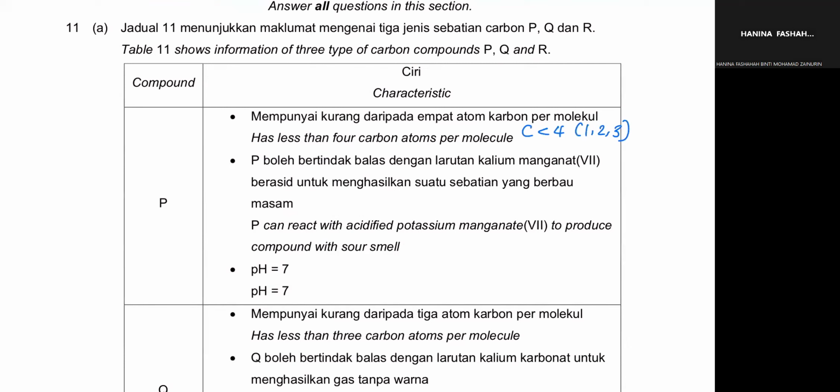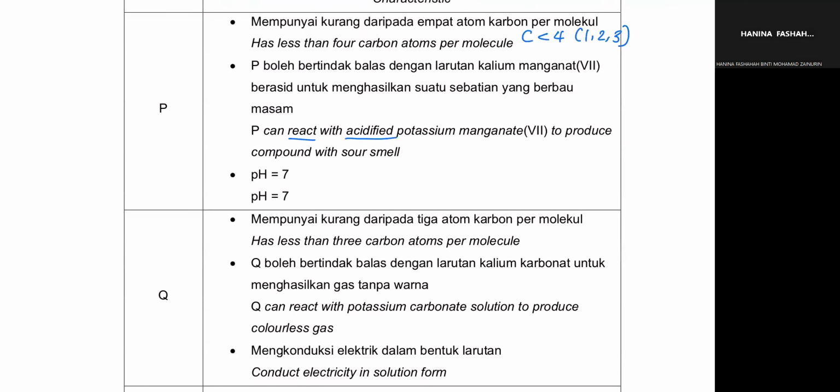Then P can react with acidified potassium manganate(VII), or sometimes they give acidified potassium dichromate(VI), to produce a compound with a sour smell. Sour smell means acid. So what is P? P is not acid, of course. P reacts with something and becomes acid.